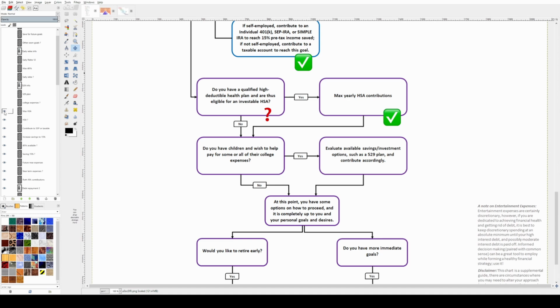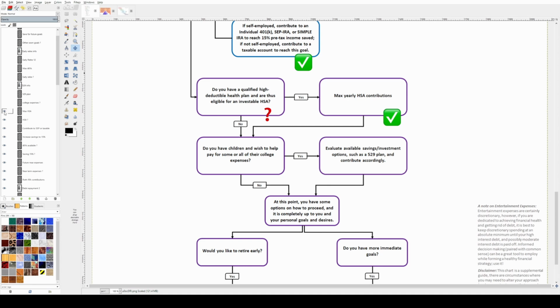Some HSA plans are better than others, and some of the best plans have low or no fees and allow you to actually invest those contributions. And the benefit of the HSA is that if you use the money for qualified health expenses, then your contributions end up being tax-free and your distributions for qualified medical expenses are tax-free as well. So if you have a qualified high deductible health plan, it can be a very useful account to have.